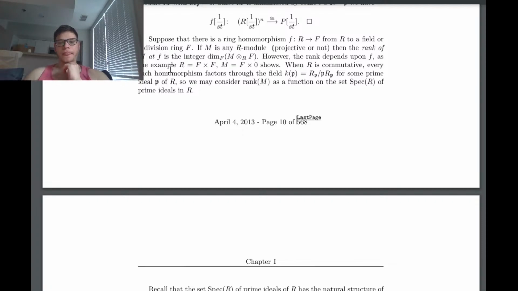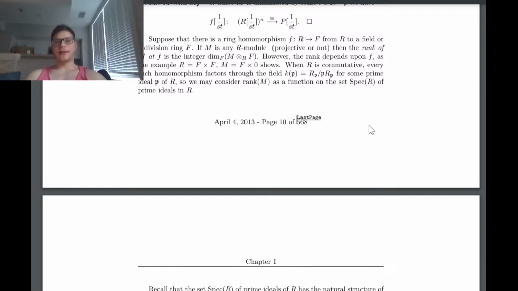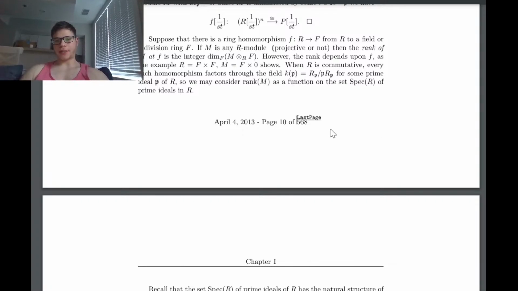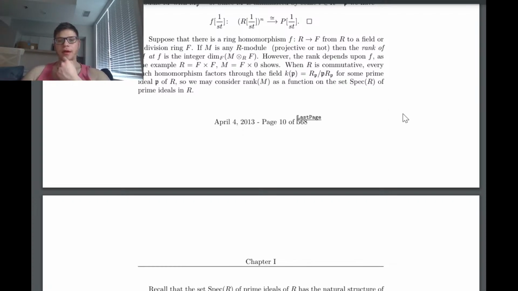So if you have a product of fields or division rings, and M is one of the factors, then if you take one map from R to F, which projects at the first factor, you're going to get 1, and at the second factor, you're going to get 0. When R is commutative, every such homomorphism factors through the residue field at some prime ideal P, so we consider rank M as a function on the set Spec R of prime ideals.